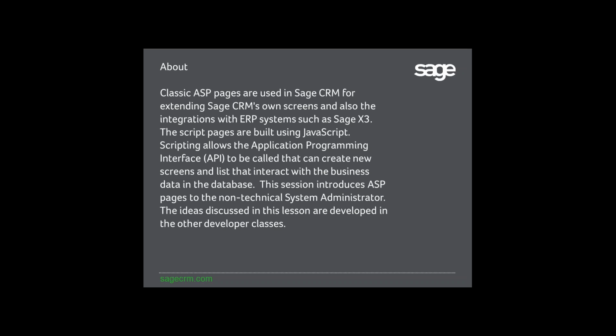And Sage CRM has a variety of different programming environments, but ASP pages, which we're going to see in a moment, are quite classic in their age. You know, they go back to the 1990s. They nevertheless are still very useful because what is very common nowadays is the idea of being able to use JavaScript within the server to allow us to perform server-based action.